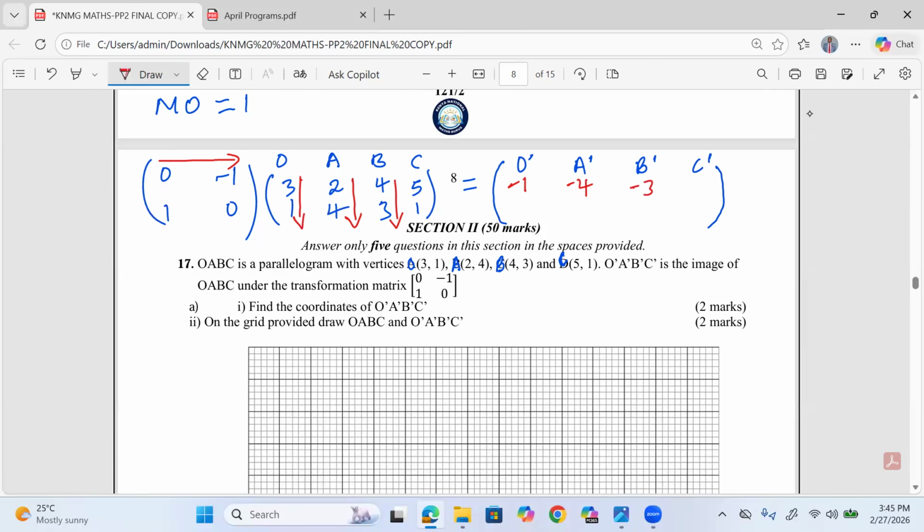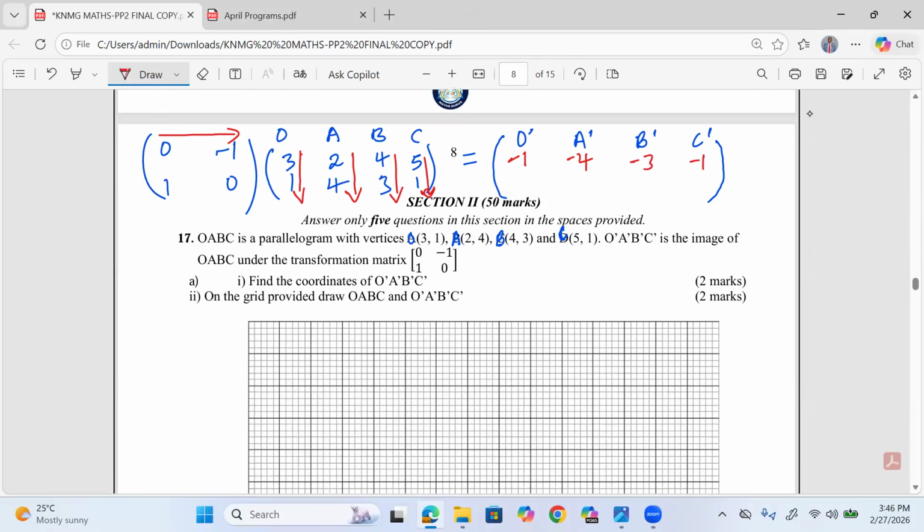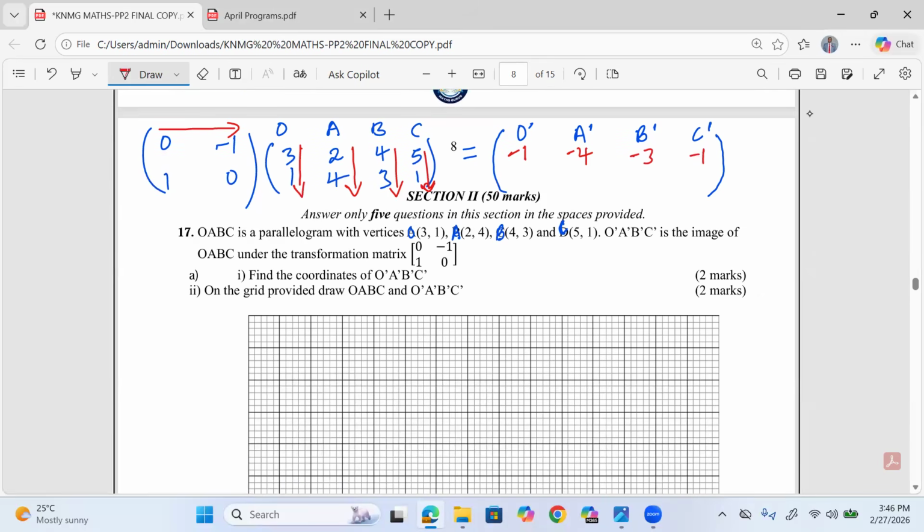Then for C, the last on the upper side, we use 0 by 5 plus -1 by 1, so we get -1. Now we check the y row, which is the row times the respective columns. Starting with 1 by 3 and 0 by 1 for O, we get 3.